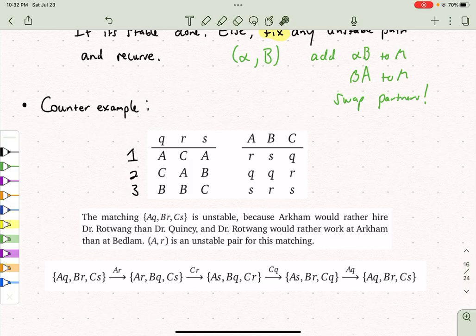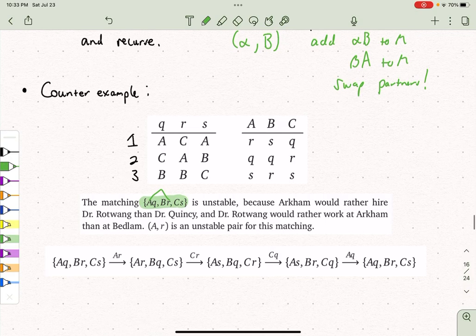So in this example, if we use the matching AQ, BR, CS, then that will be unstable because A prefers R over Q, and R prefers A over B. So AR is an unstable pair because we'd rather place A with R. So what we could do is just swap that.